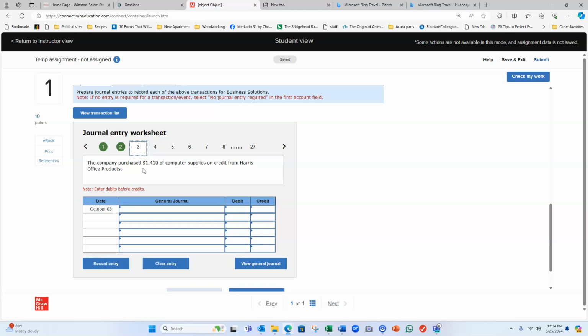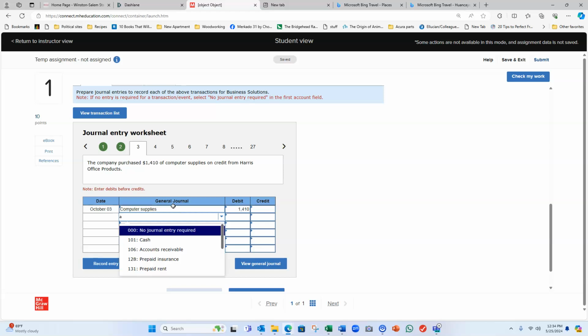We purchased $1,410 worth of computer supplies on credit. So we have computer supplies, $1,410, and since we did it on credit, that means we didn't pay for it. That would be accounts payable. Make sure you get accounts payable.